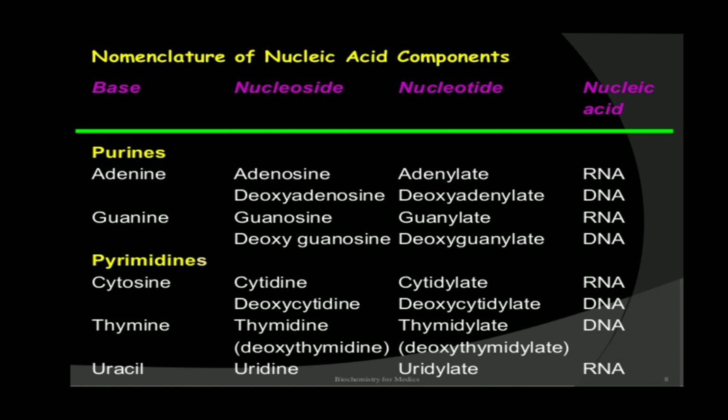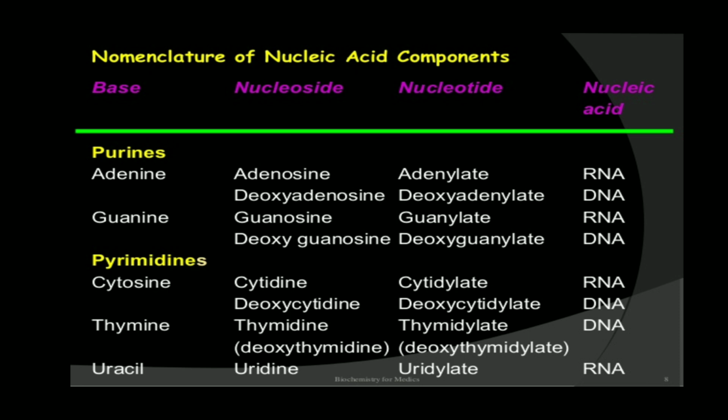Then we will see the nomenclature of these nucleic acid components. The bases are of two types, purines and pyrimidines. The purines like adenine: when it's present in the nucleoside form, it's adenosine, and when a phosphate group attaches, it becomes adenylate, if it's found in the RNA.